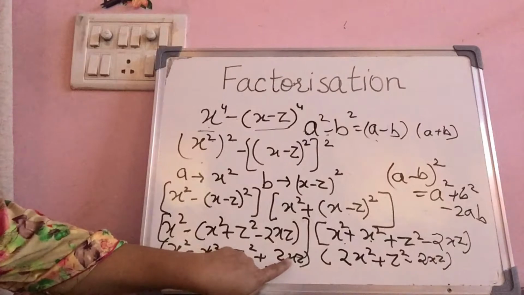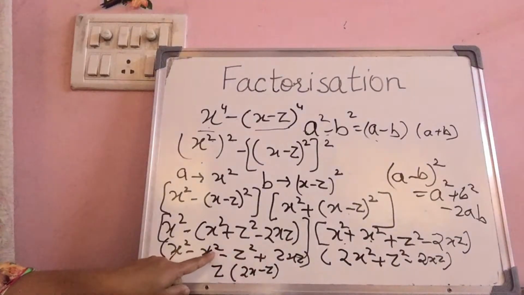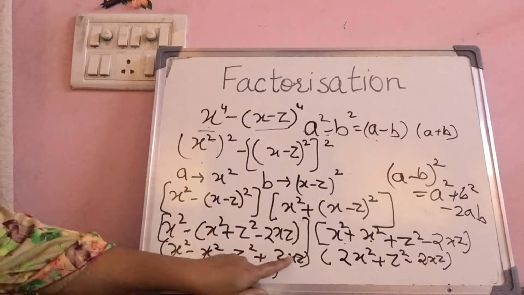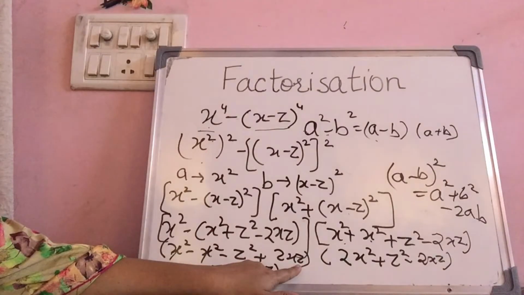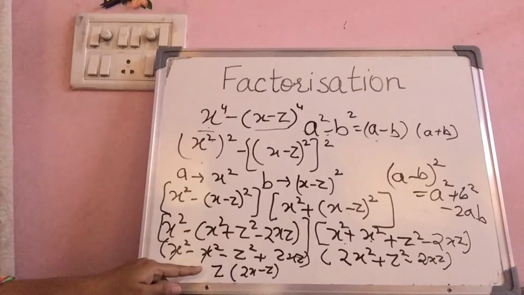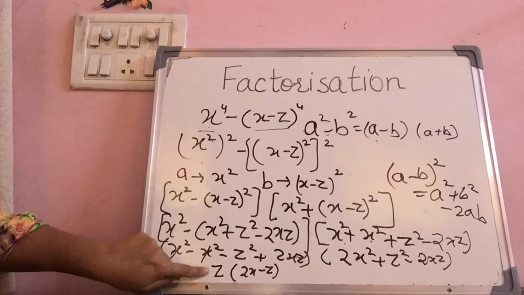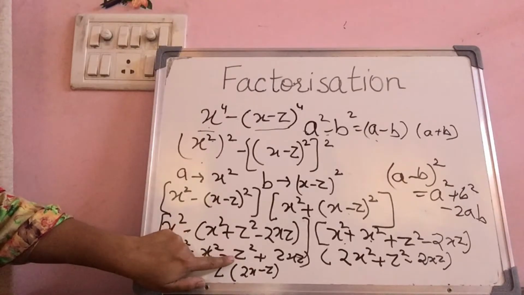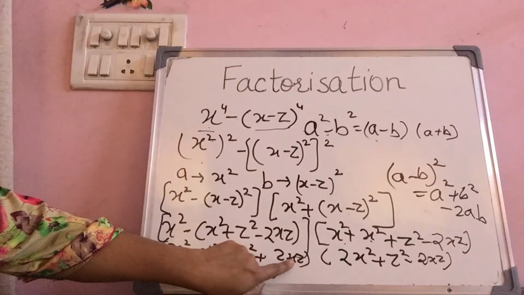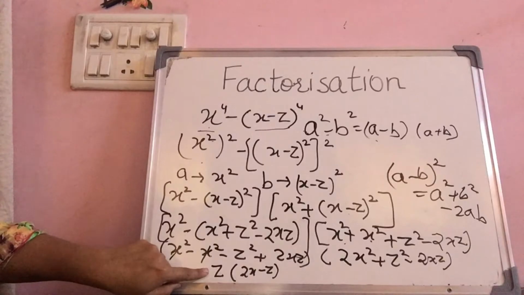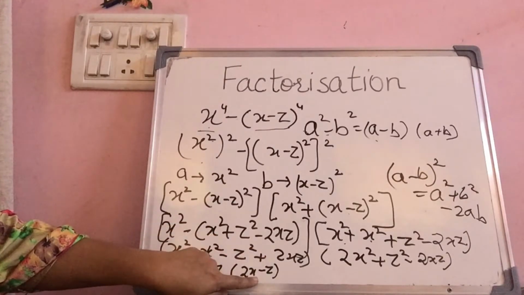We have written 2x first because it is positive term and it is negative term. So we can write it as 2x minus z because we have taken one z from here and one z from here. Please get clear that there are two factors of z square, z and z, and we have two factors x and z of this term. We have taken z outside the bracket and the remaining in the bracket.